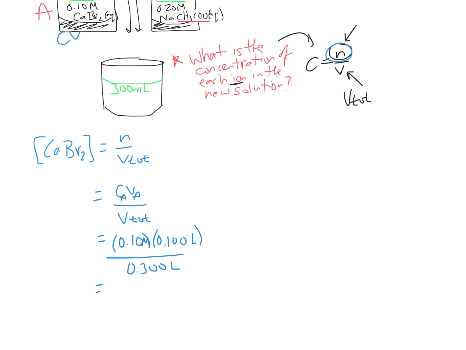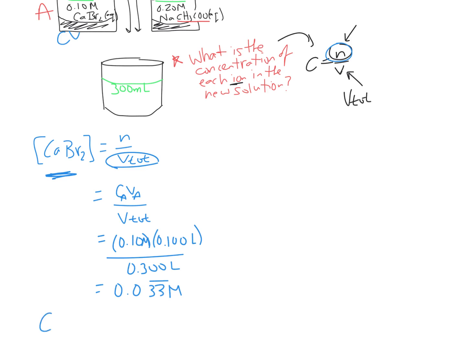Process that, and you get 0.033 repeating, basically. What does that mean then? We're looking at the final condition because it's V total, so that salt has a concentration of 0.033 moles per liter.